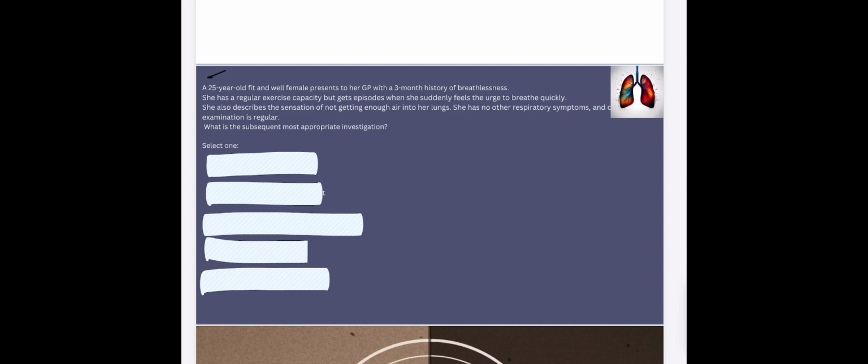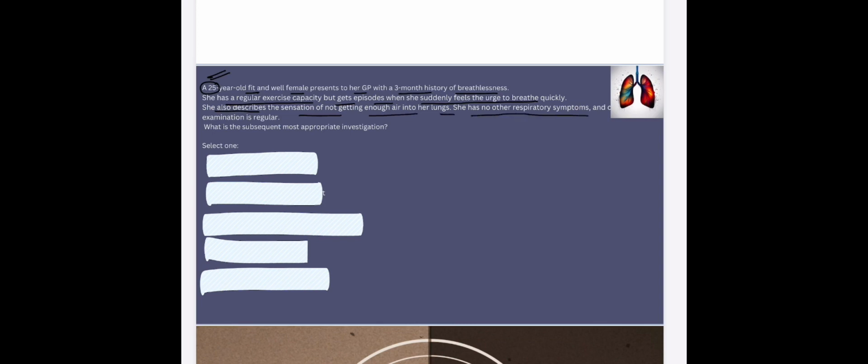Next question. A 25 years old fit and well female presents to her GP with a 3-month history of breathlessness. She has a regular exercise capacity but gets episodes when she suddenly feels the urge to breathe quickly. She also described the sensation of not getting enough air into her lungs.